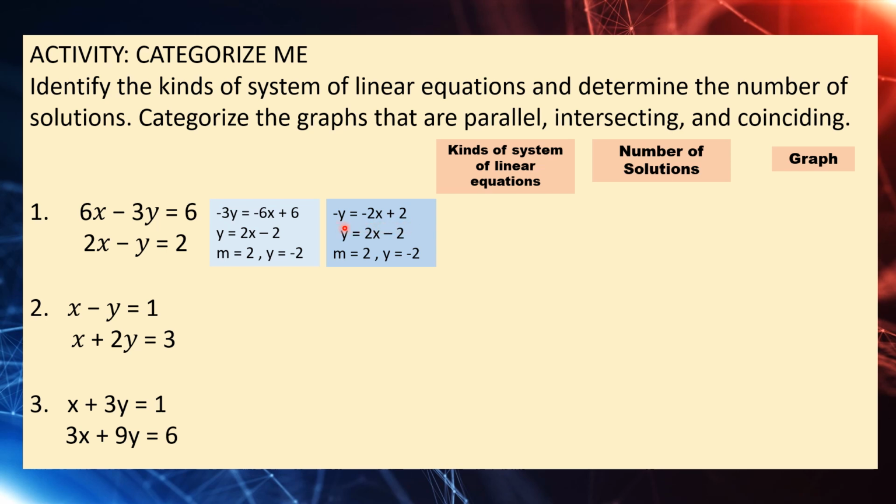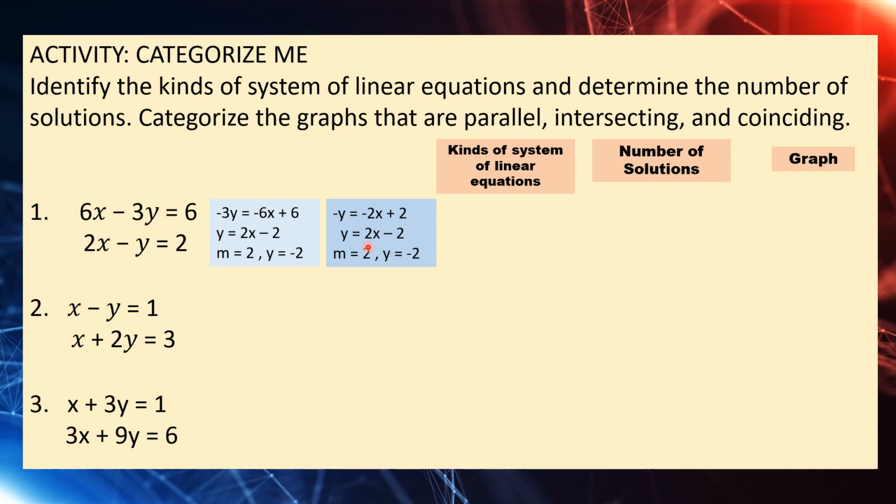Since y is negative, we can make this positive by multiplying negative 1 to both sides of the equation. So, multiplying now negative 1 to negative y, it will become positive y. Negative 2x times negative 1 is positive 2x. And positive 2 times negative 1 is negative 2.